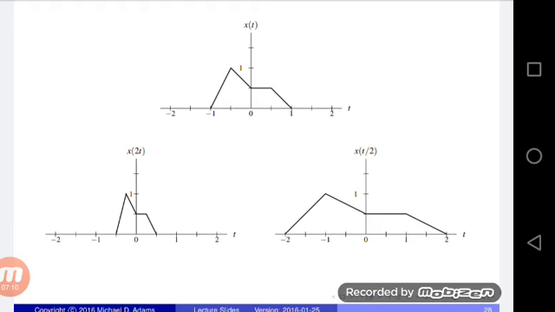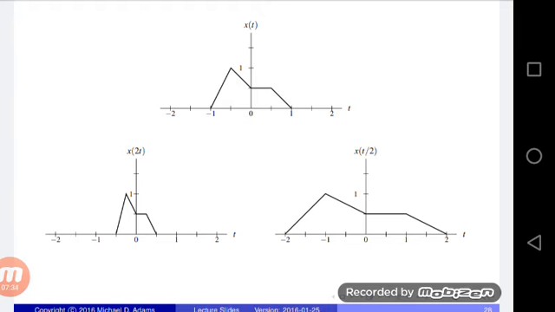These are the compression techniques for time intervals. Here we are seeing x of t, x of 2t, and x of t by 2.